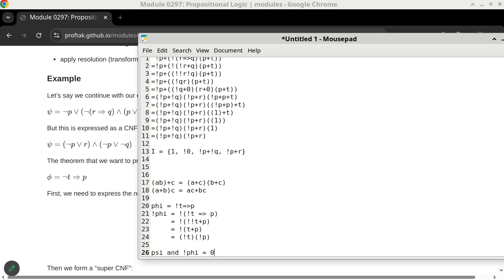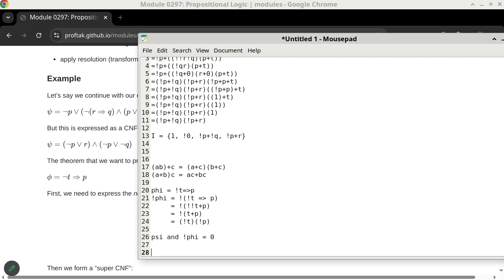Because if this is false, that actually means that phi is a theorem, based on what we talked about earlier. The validation of proof by contradiction says, if you suspect phi is a theorem of psi, then you negate phi first, and then you AND it with psi. If this conjunction is false, then we're all good. So that's what we want to do.